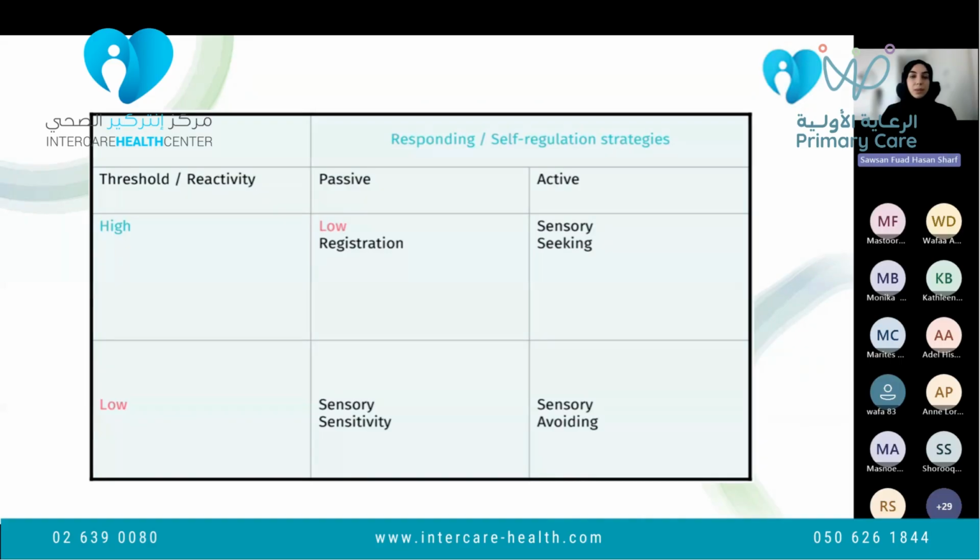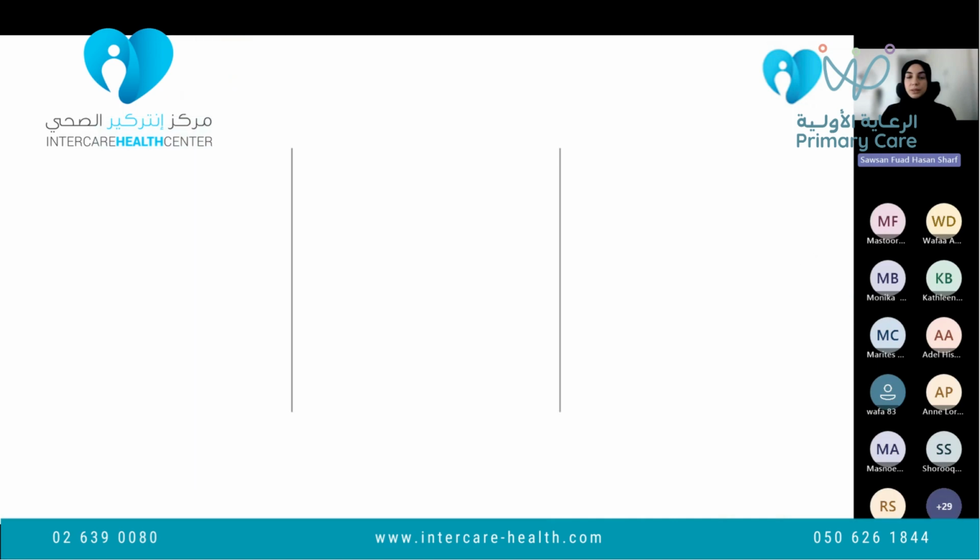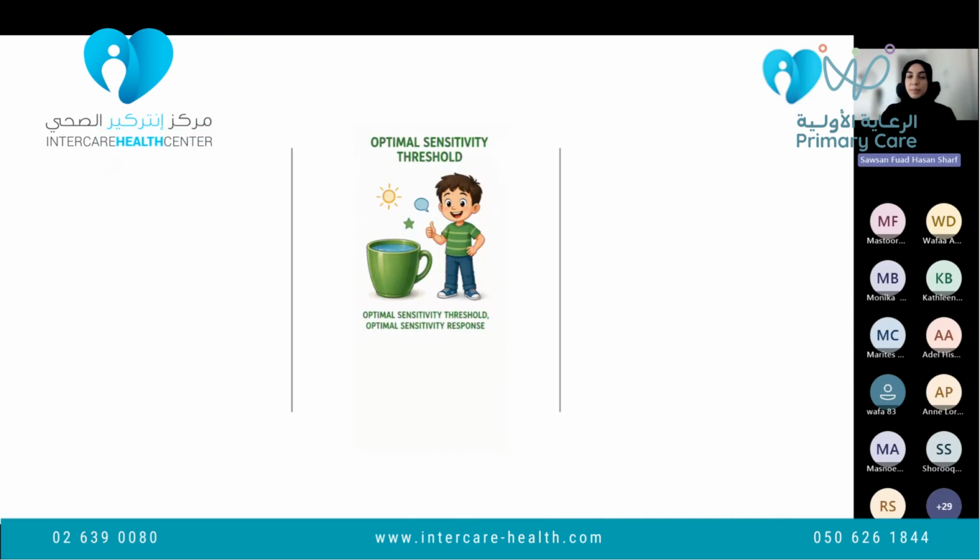So in this table, we're going to explain two different terms or concepts. The first one is the sensory threshold or sensory reactivity, and the second one is how we respond to this input and how we do self-regulation. In order to explain this better, I want you to look at this picture. This cup is a medium-sized cup with water filled inside it.